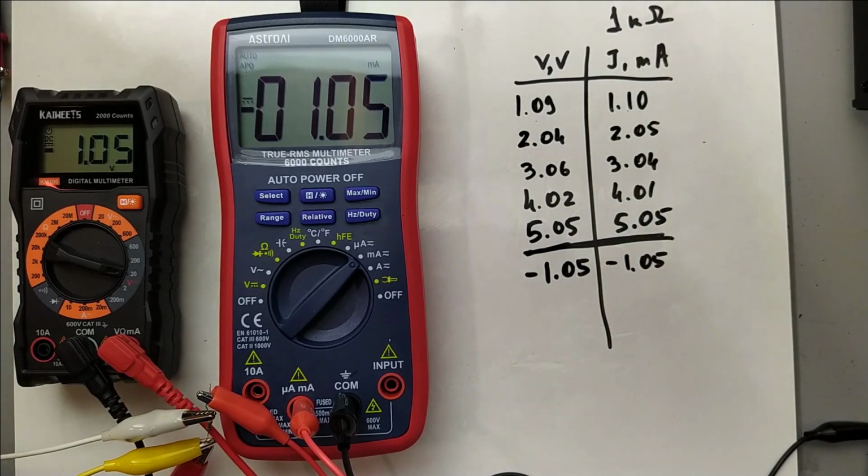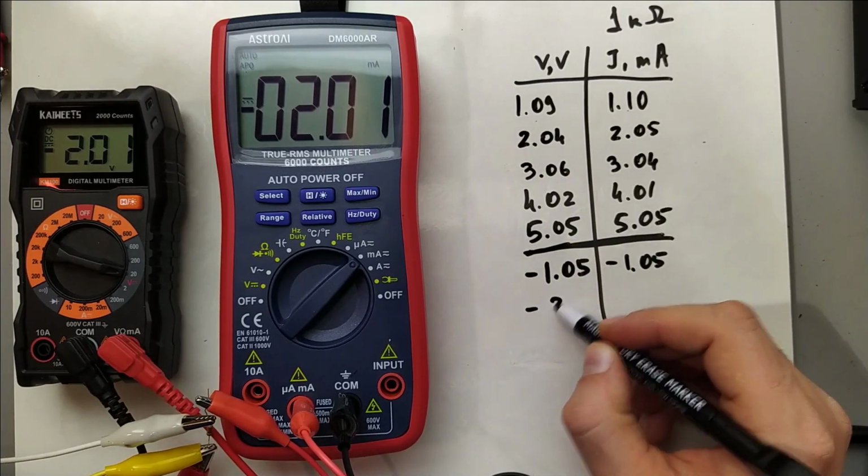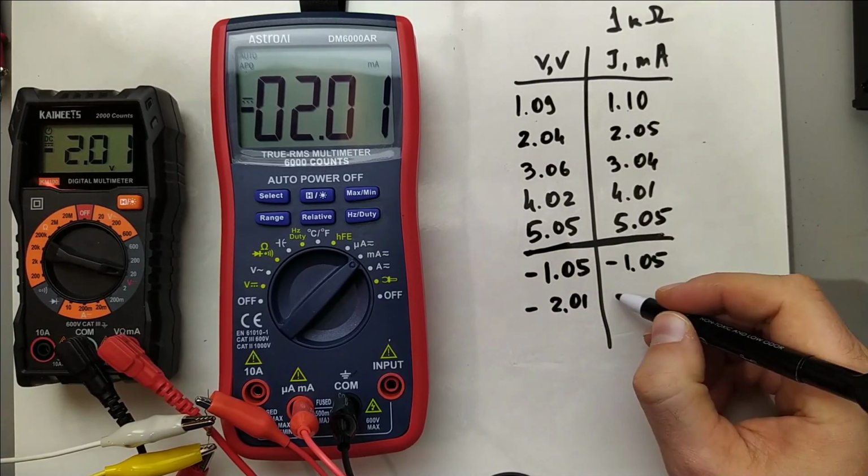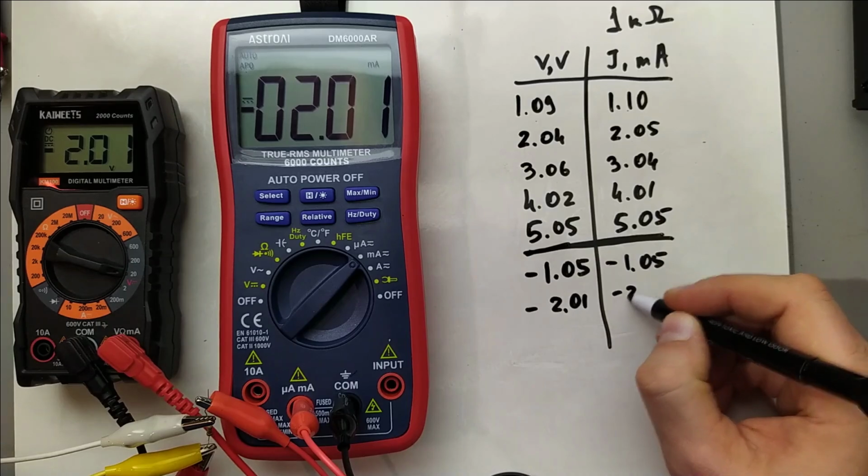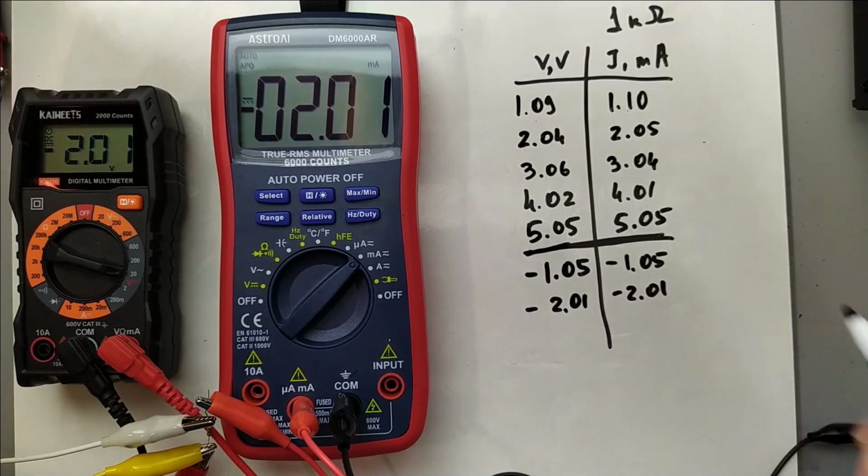Let us go further to more negative bias, which is minus 2 volts. Here we have minus 2.1, and here is minus 2.01. So let's go to minus 3.